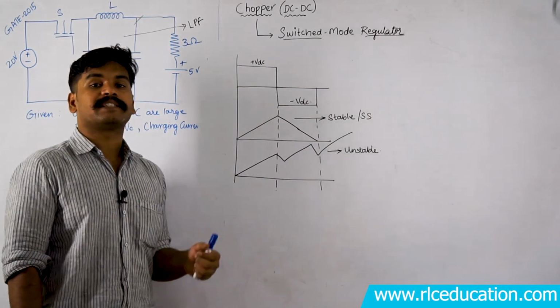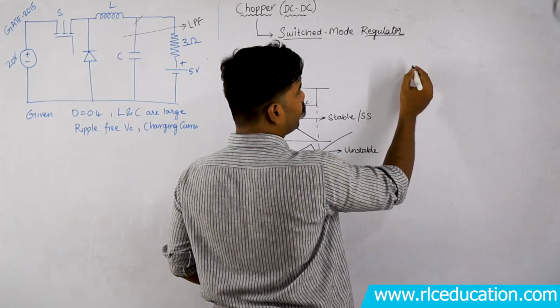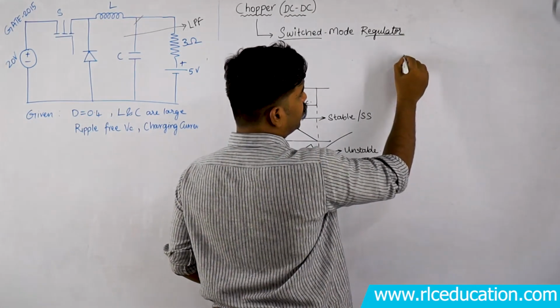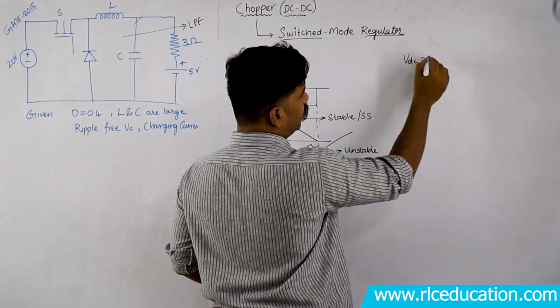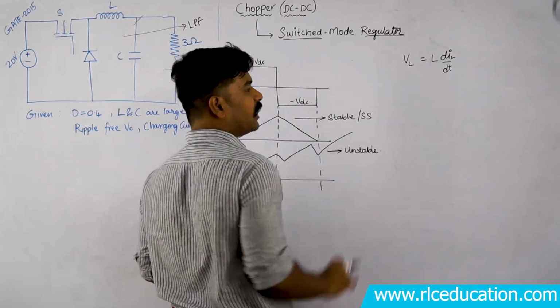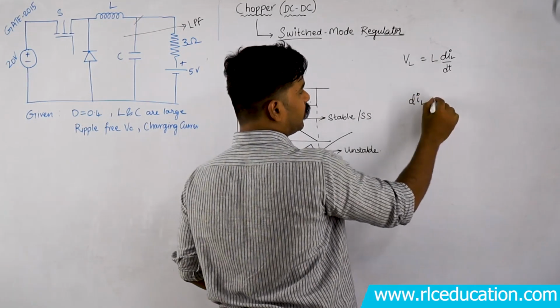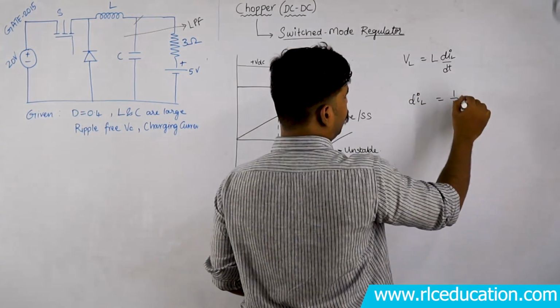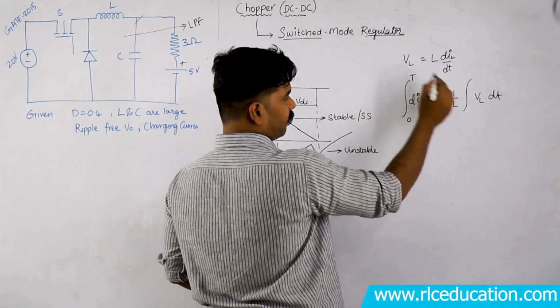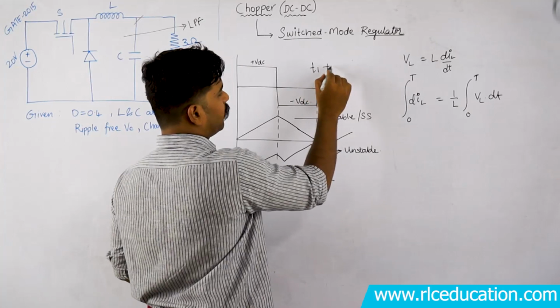That is when the inductor is said to be in steady state. For the inductor to be in steady state, from the inductor equation, which means VDC equal to L di by dt, from the inductor voltage current relation, I can write dIL equal to 1 by L times VL dt. I will take the whole switching cycle from time period 0 to T, where T is the combination of period T1 plus T2.